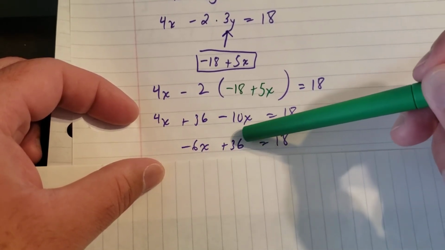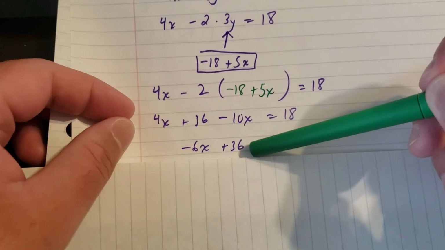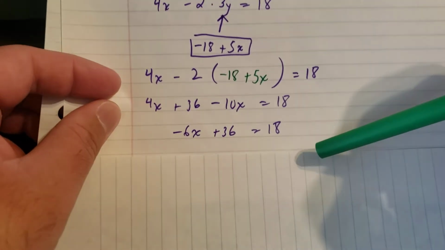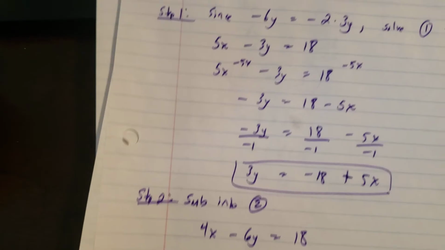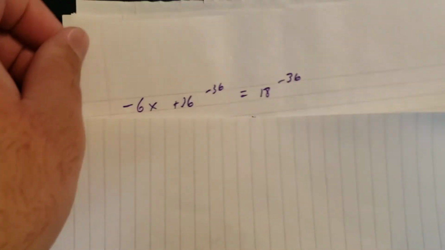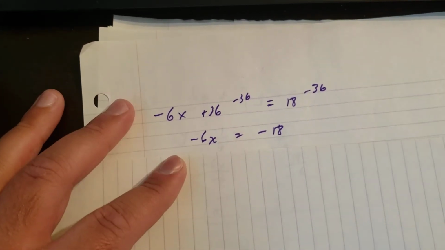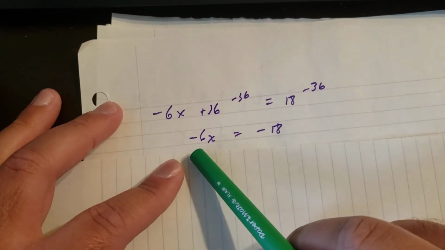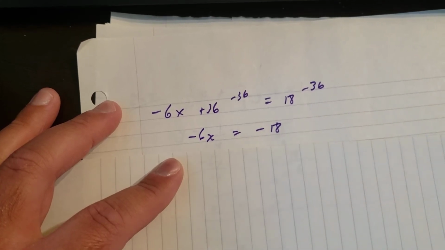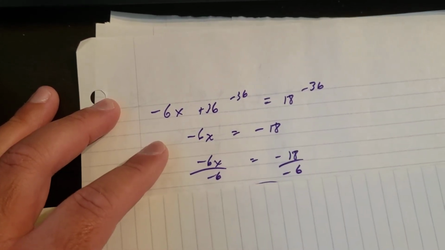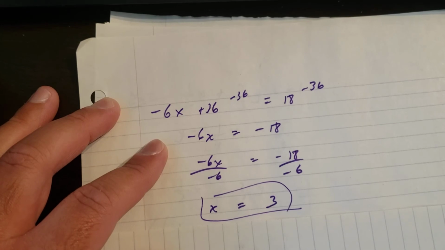Then I'll have to get rid of the 36, so subtract 36 on both sides, which leaves us with that. Now to solve for x, I would have to get rid of the negative 6 by dividing both sides by negative 6, which of course then is going to give me a positive 3.